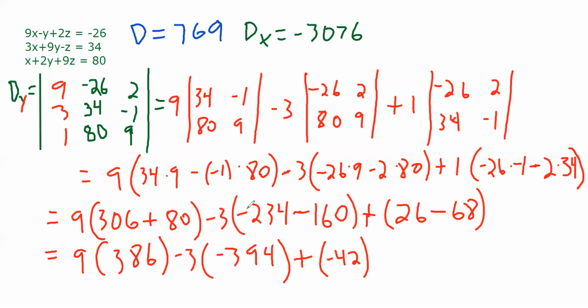So now 9 times 386, it's going to be 3,474 minus 3 times negative 394 will actually become plus 3 times 394, so plus 1182, and then minus 42 essentially. And ultimately, you're going to have 4,614.